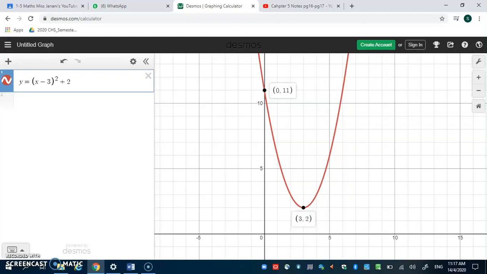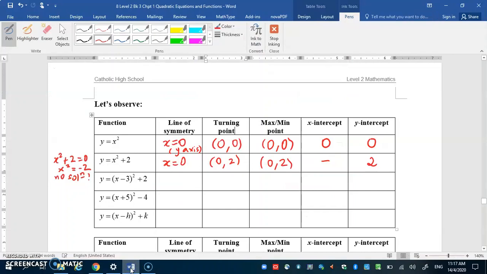So the 2 points that are of interest from this graph are the y-intercept at 11 and the turning point at 3, 2. So let's just fill that up. Turning point is 3, 2, which is the minimum point, right? There were absolutely no x-intercepts and the y-intercept was at 11.